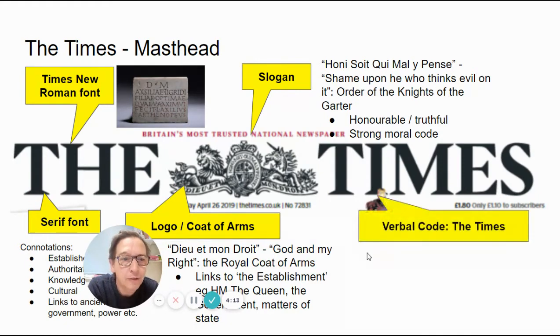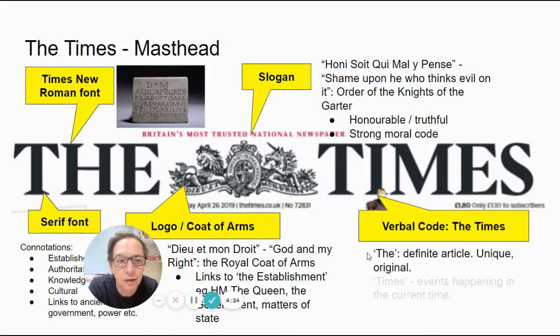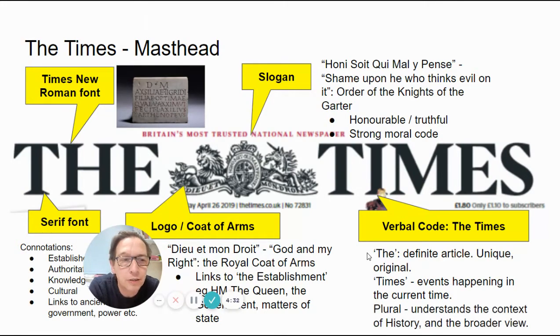Okay. Now, the verbal code here, of course, the newspaper, we've got to remember, is called The Times. Now, if you break that down, we've got the, which is a definite article, so it means it's unique, it's original. And then we've got Times, which, of course, is the news. It's stuff that's happening at the moment. Now, it's interesting as well that it's a plural, so it's not just the time that we're living in now, it's the Times.